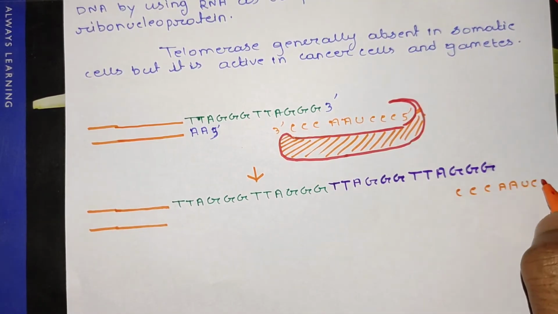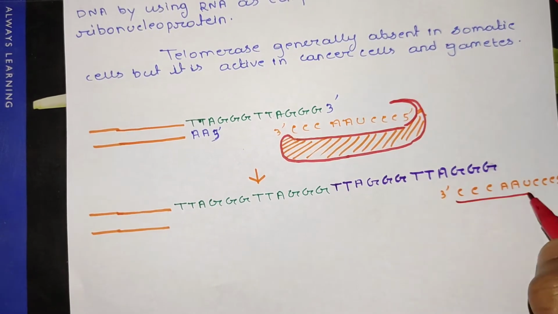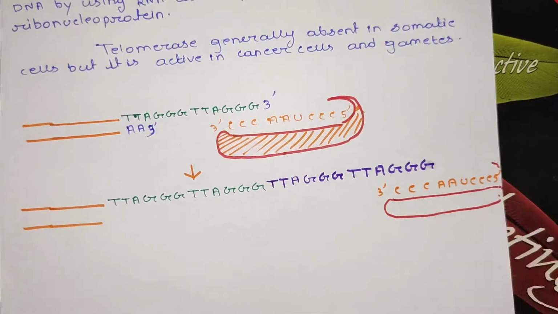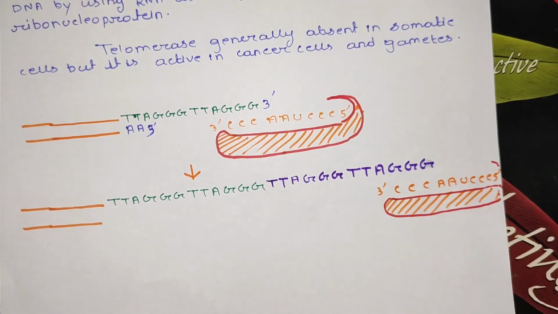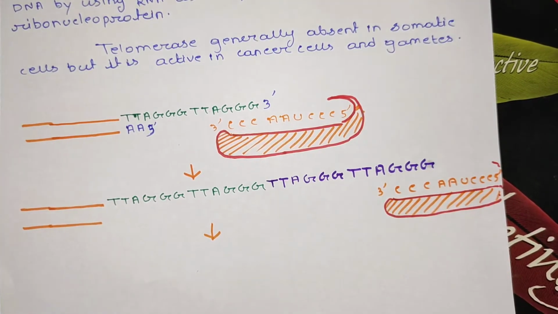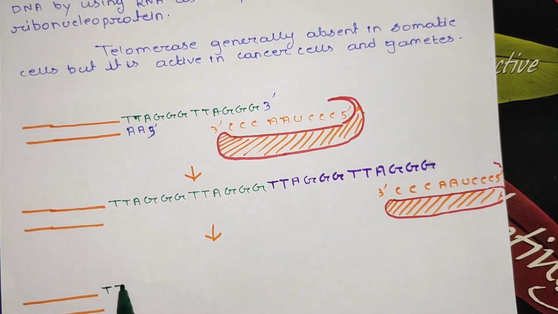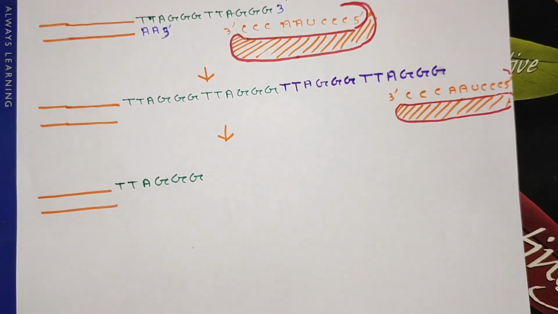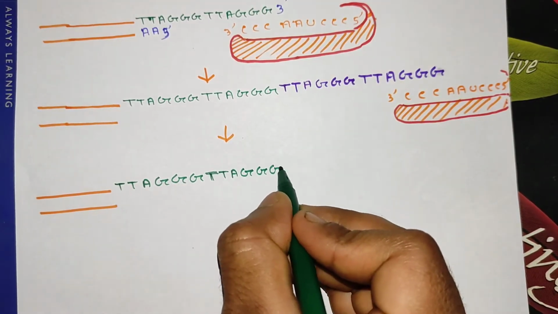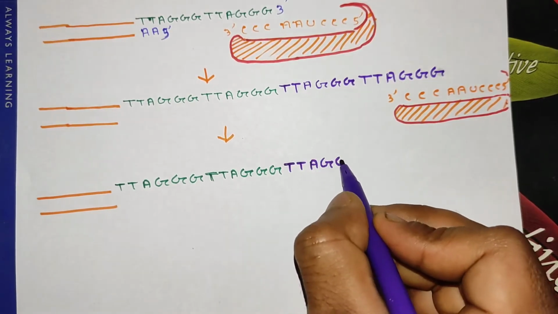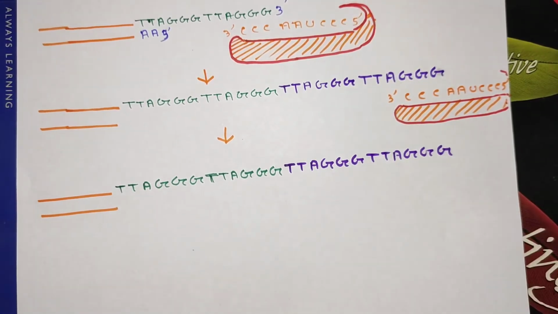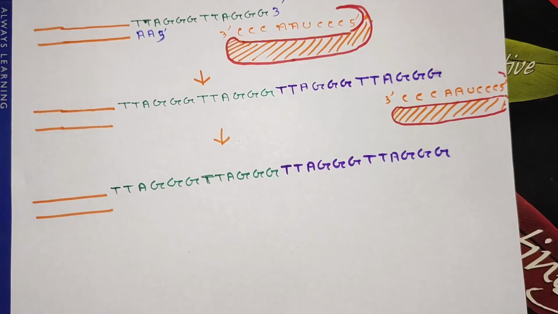So as you can see, telomerase adds nucleotides at the 3' end. So the 3' end increases in length. Now in the third step, as you can see, this is TTA, GGG, TTA, GGG. The telomerase adds nucleotides TTA, GGG, TTA, GGG.